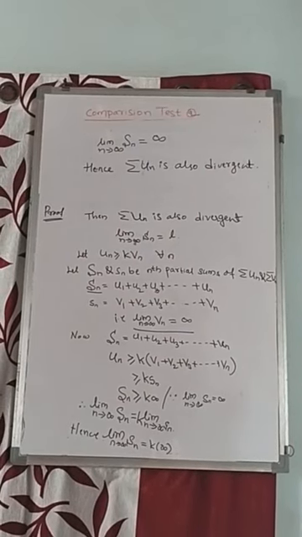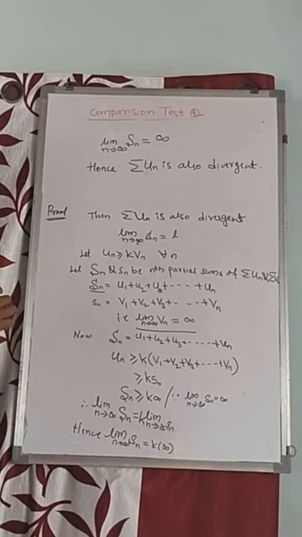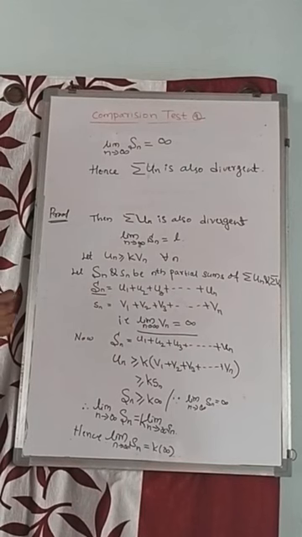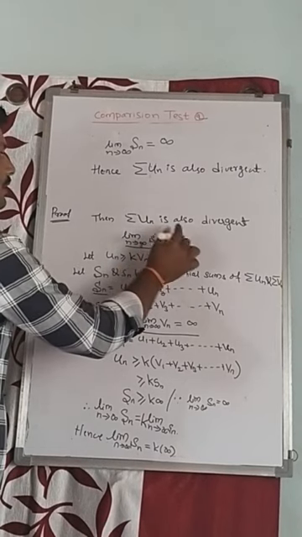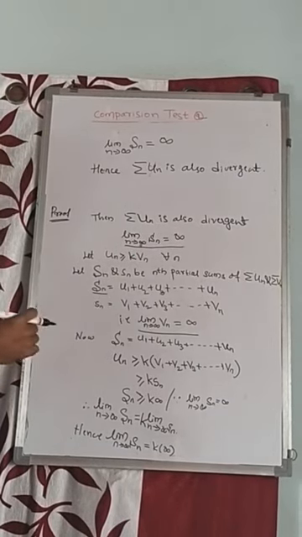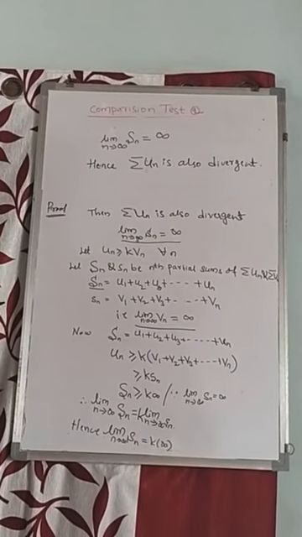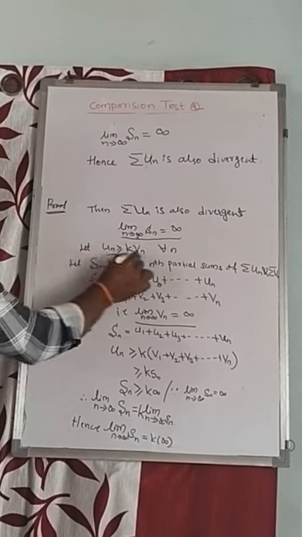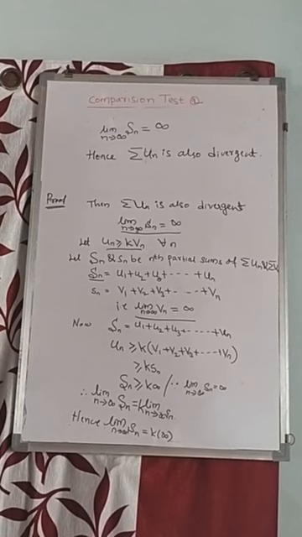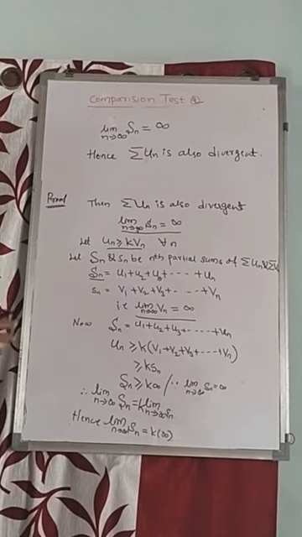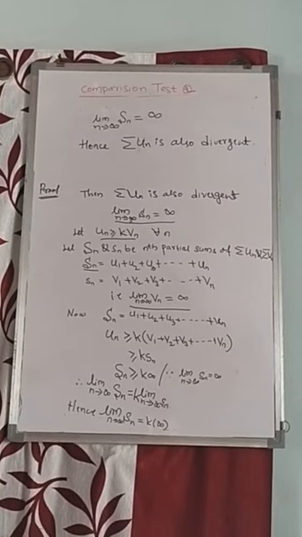In comparison test 2, summation of vn is divergent, so summation of un is also divergent, because limit n tends to infinity Sn is infinite. Vn is divergent, un is also divergent. First condition. Second condition, un is greater than or equal to k into vn. Here Sn and sn are the nth partial sums of summation of un and vn.